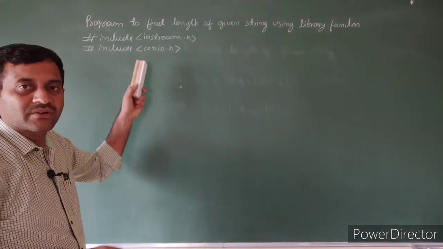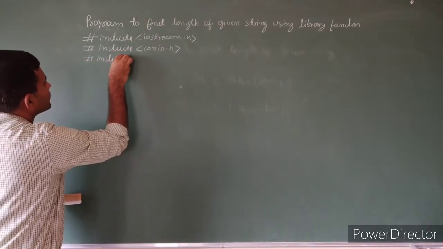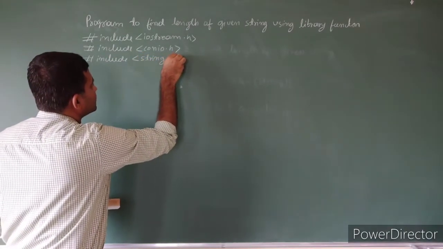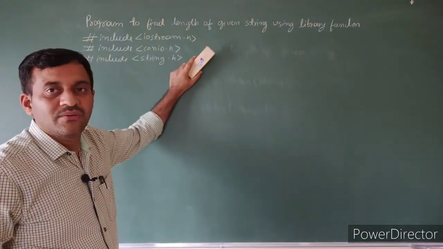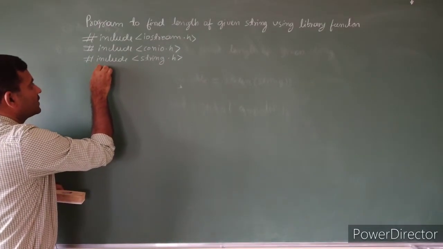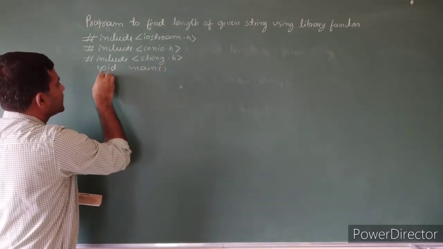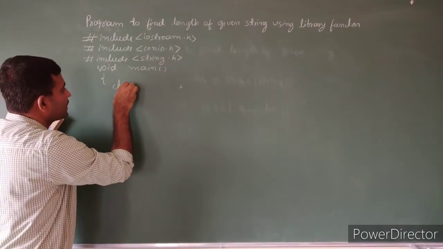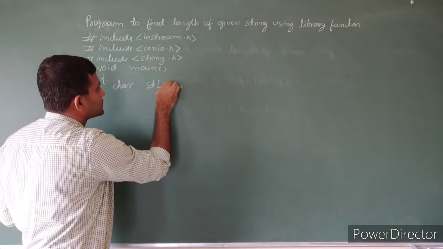Along with these two header files, we also include string.h, because our problem statement is to find the length of a given string using library functions. Void main is always return type void. Here we declare a string. How to declare? Data type character, followed by the string name, then the size.